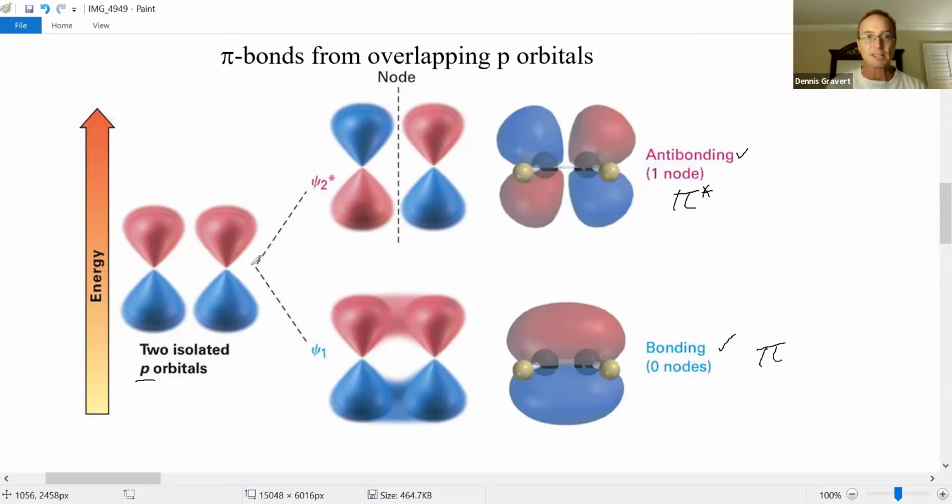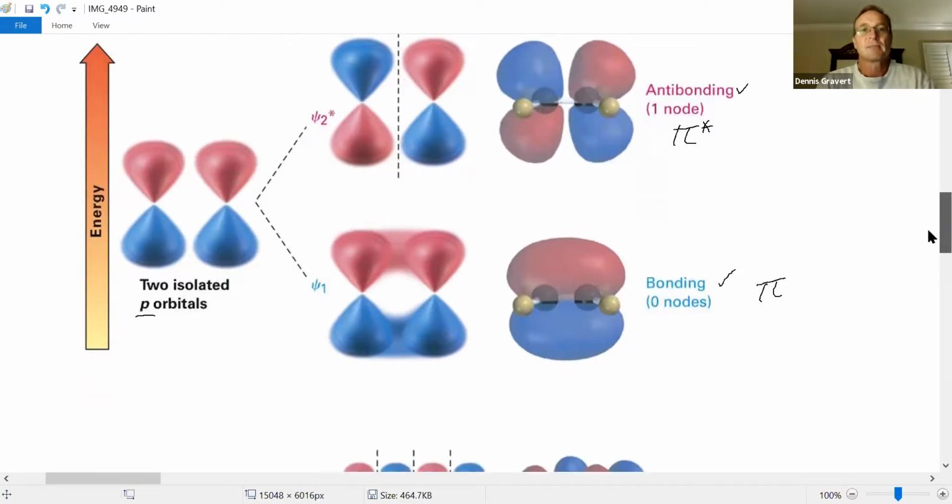And what we're saying here is that when the p orbitals sideways overlap to make a bonding orbital, these 2 lobes just define a volume of space, a parking lot, a flight pattern, whatever you want to call it. It's a region above and below. So this region is below the molecule. And the 2 electrons that go into the pi bond are free to go anywhere in this volume of space. That's what we mean by a pi bond. 2 electrons in this red one or this blue one down below, flying all about in their flight patterns.